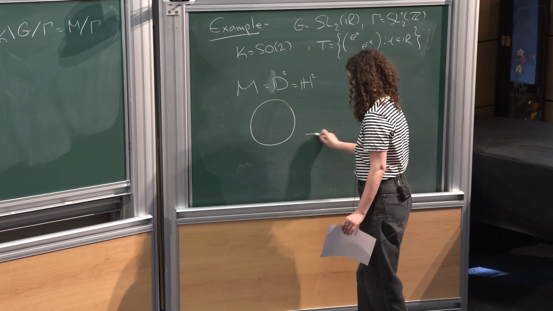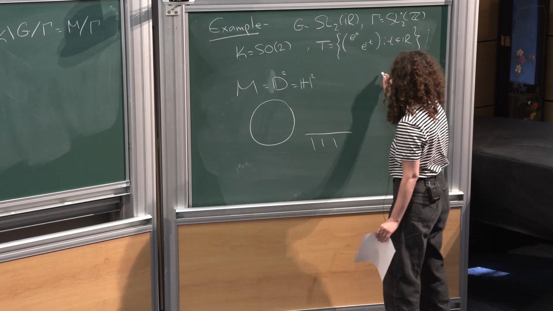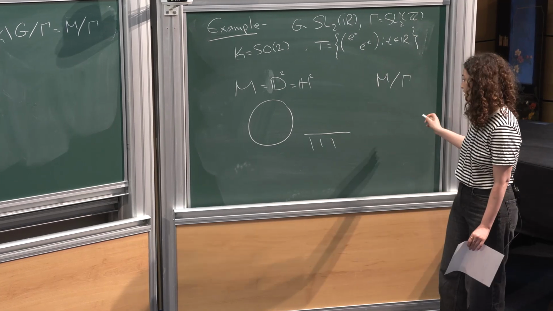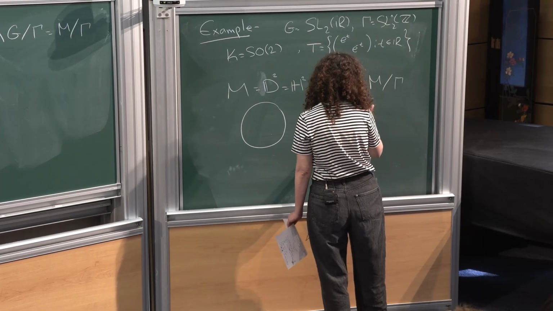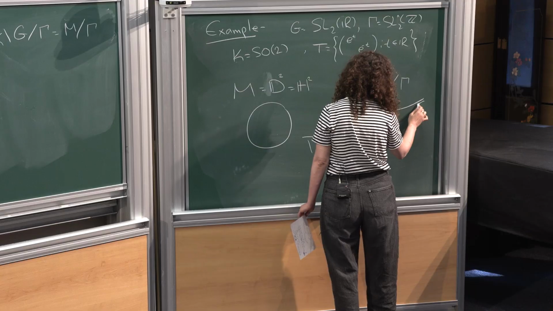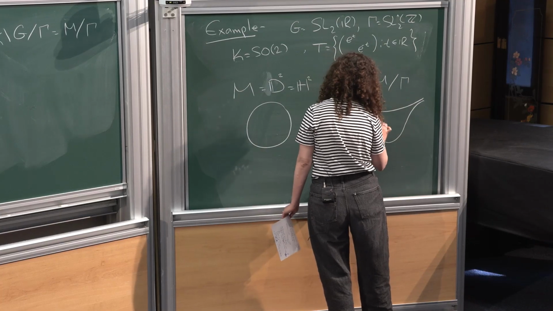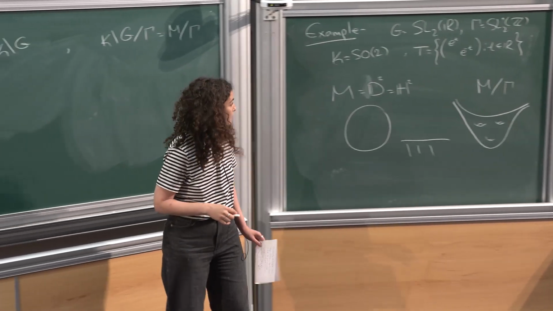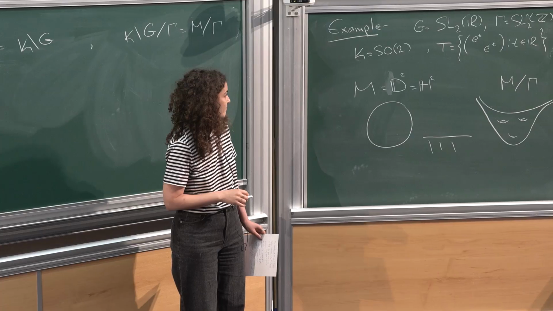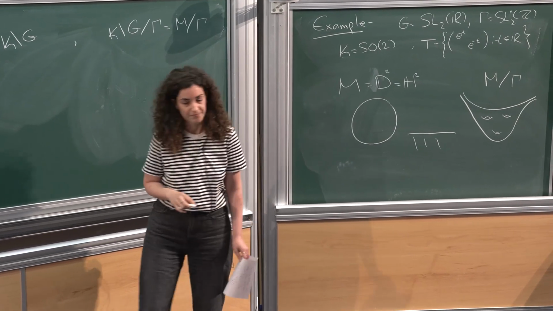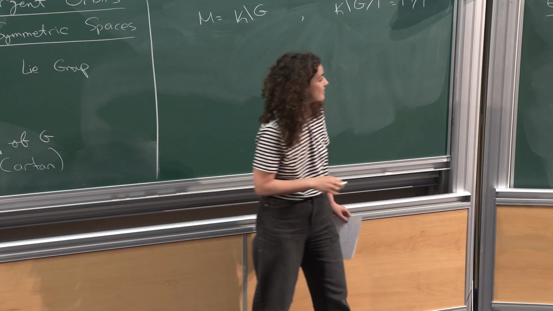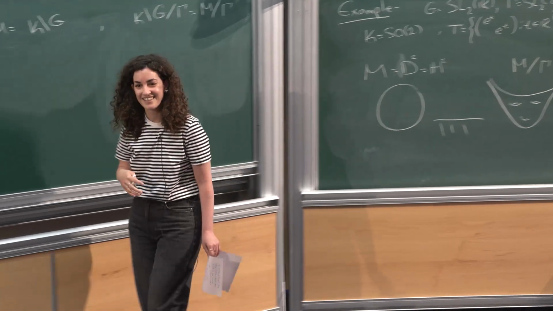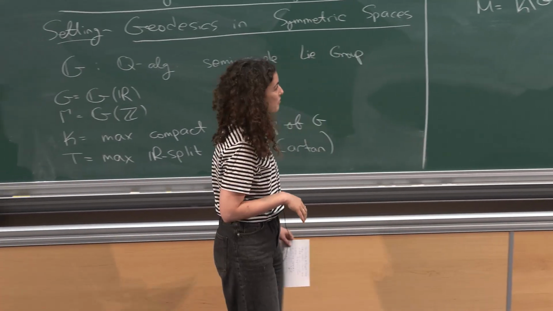And then M mod gamma is going to be the more interesting manifold structure. We're going to generally assume that it is not compact because we want to have cusps. So we may think about it as being something like that. I guess this is not a very correct picture for this setting, but in general this is how we want to think about our space.